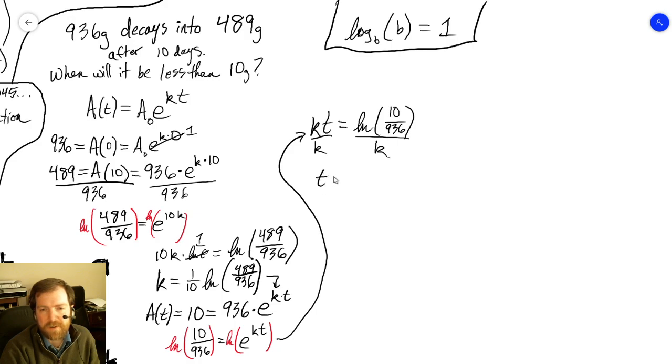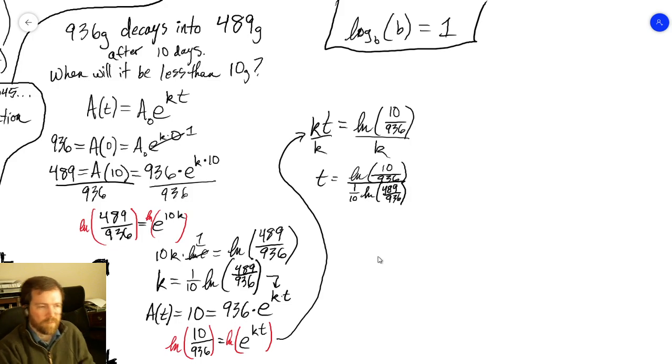That ugly mess down there. So natural log of 10 over 936 divided by, and again, you could actually write it out if you wanted to, 1/10 natural log of 489 over 936. There's no nice way to simplify that either. So this is going to be, one more time, natural log of 10 over 936 divided by parentheses 0.1 natural log parentheses 489 over 936.